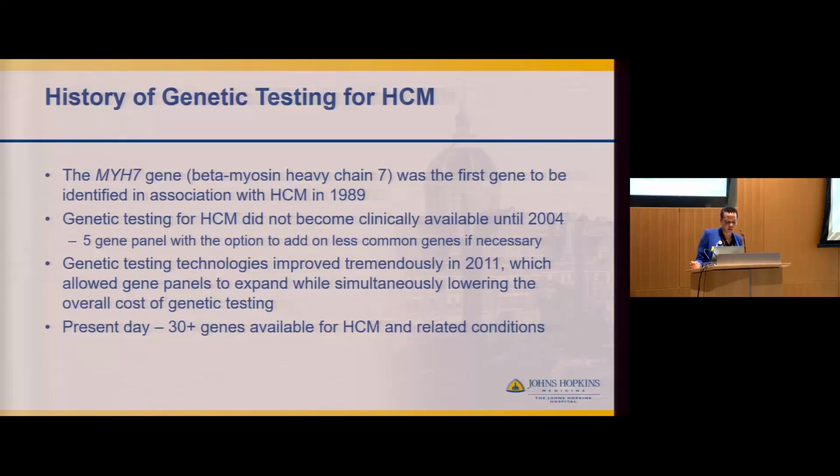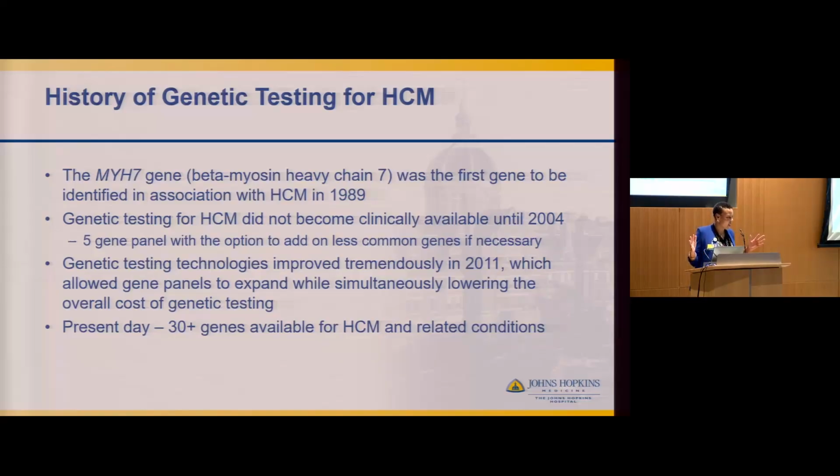We did see a change in the development and advancements of genetic testing technologies in 2011, and that allowed these gene panels to expand, and it did lower the cost of genetic testing, right? Genetic testing is kind of scary, because I know lots of people are expecting it to be super expensive.